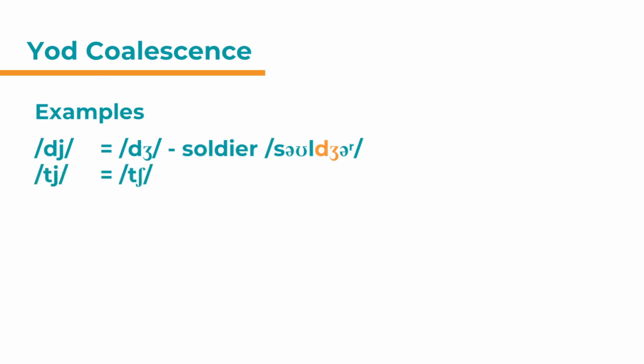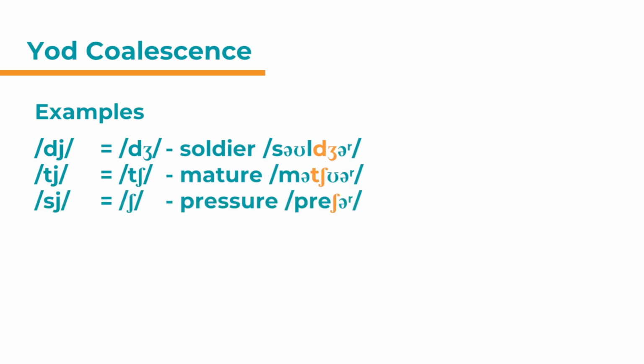T and Y become Ch. For example, mature. S and Y form Sh in pressure. Z and Y form J. For example, in the word treasure.